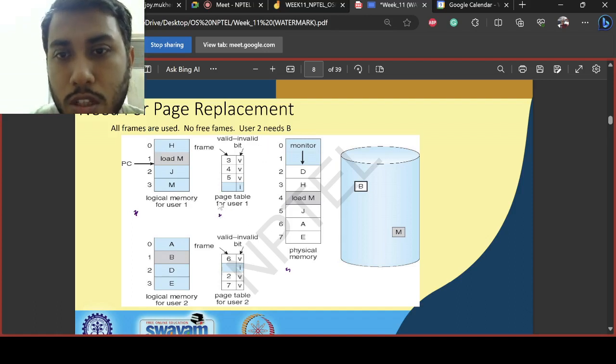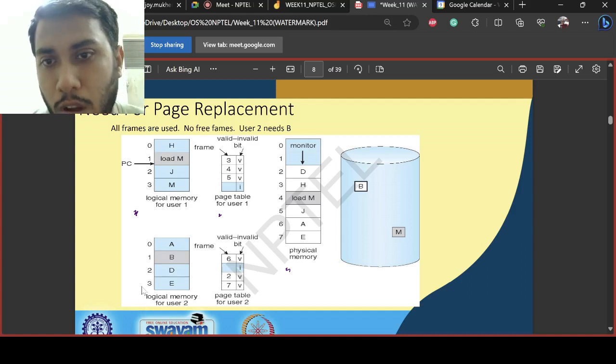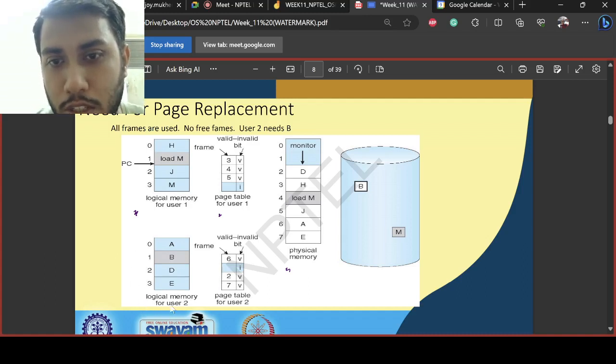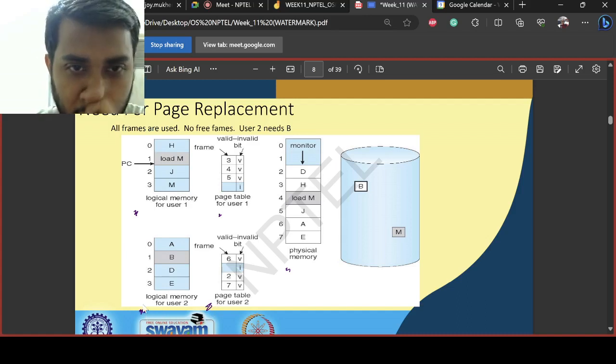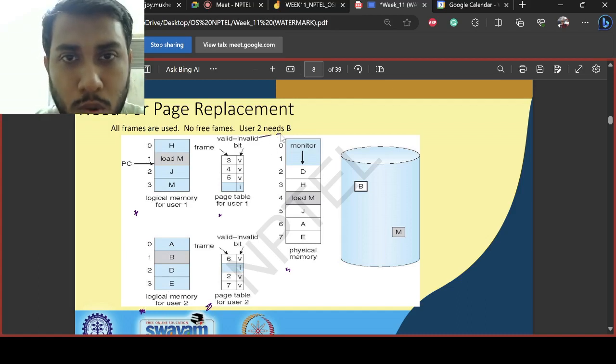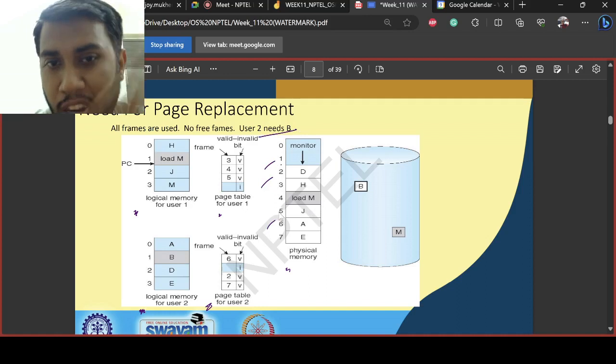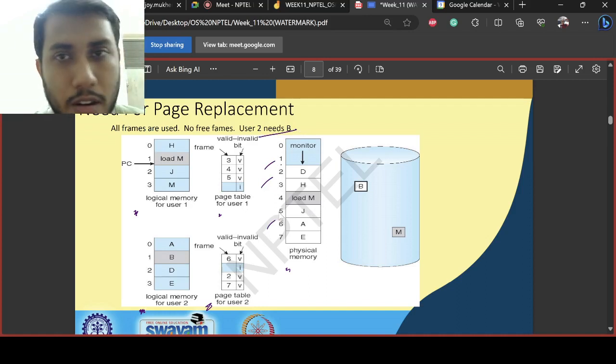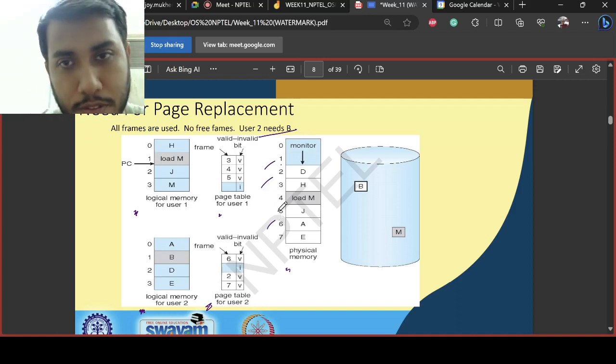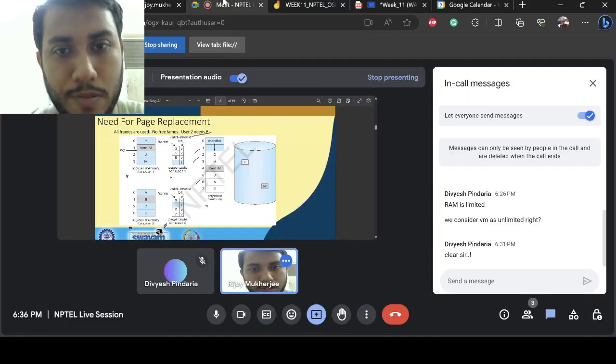All the frames have been used. This is the page table for user 2, and this is the page table for user 1. User 2 needs B. You see all of them are currently full, so you need a page replacement in that case. That is what is meant.